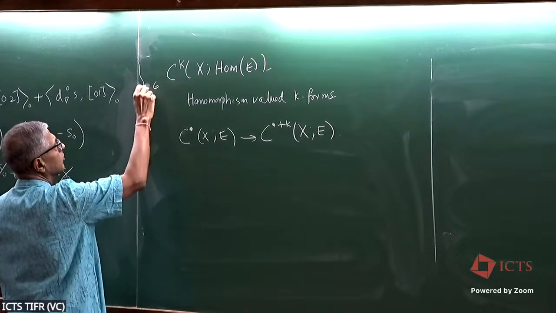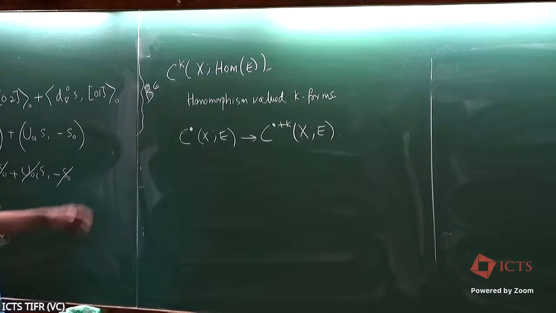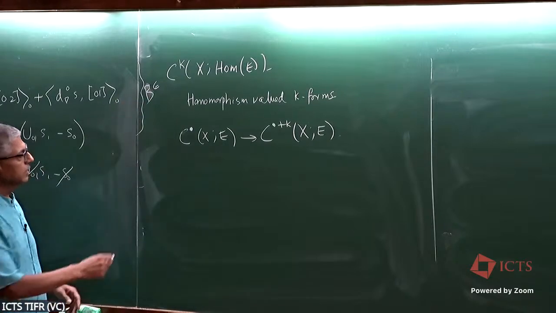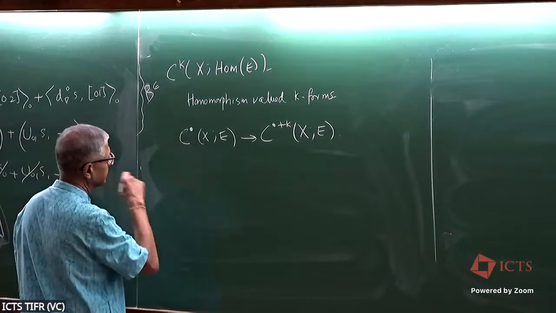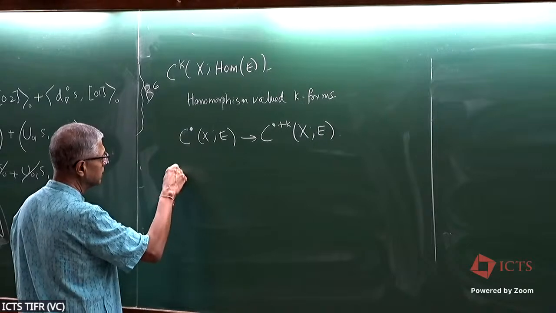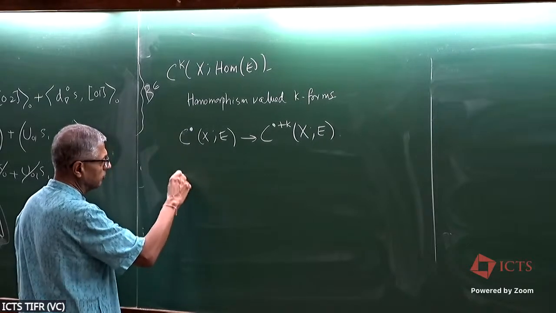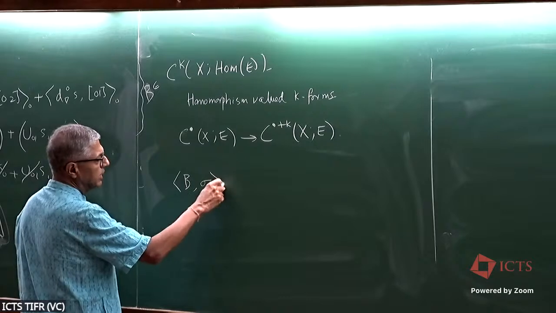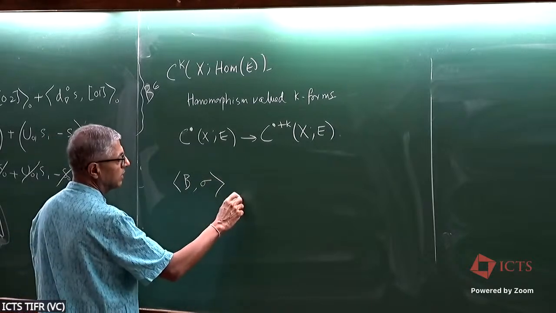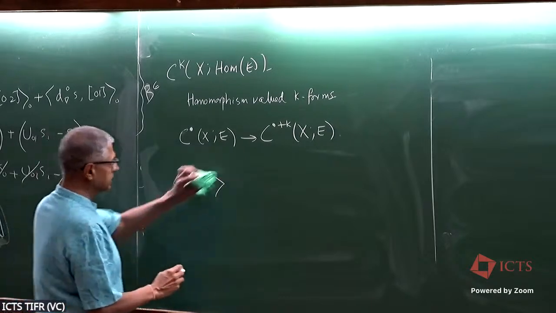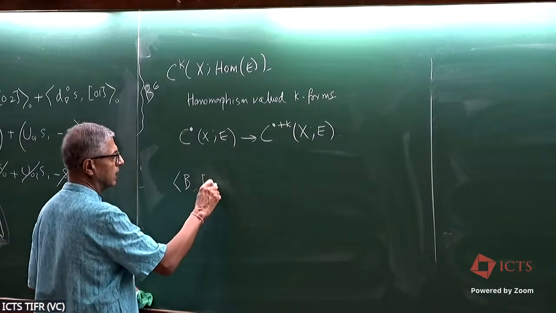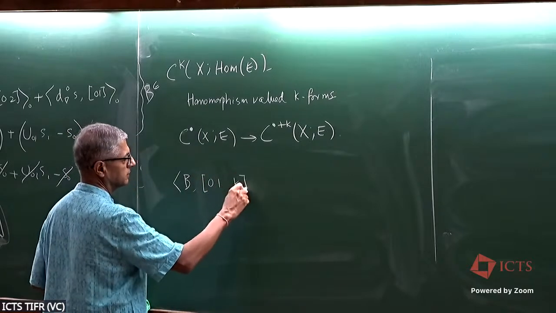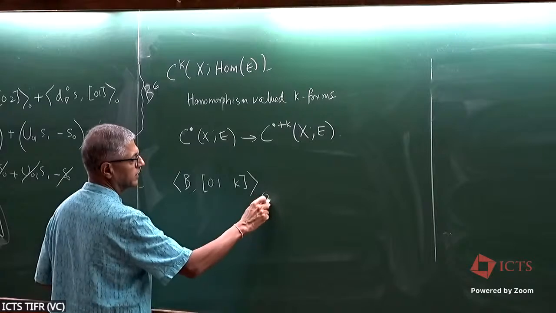So if you have something which is a K form, then if you give it a K simplex, the value of B on a K simplex will be a map from the highest vertex to the lowest, which we'll write as 0, K.